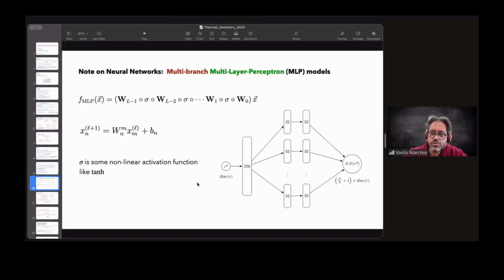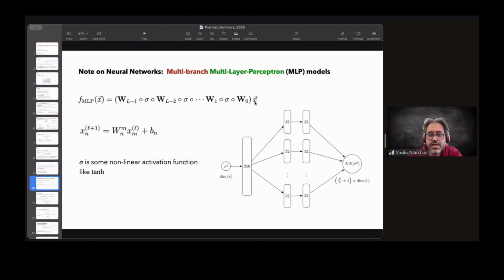But I want you to know what a neural network is, basically what it does for me. What it does for me is basically parameterize a generic function. And the way it parameterizes it is a bit stupid. This is the input X, and you want an output that can be a vector itself. It's basically a composition of functions, and all these W's are linear transformations.